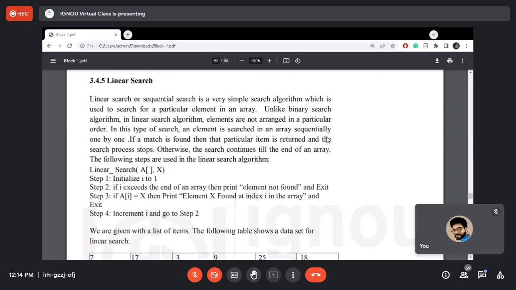So ma'am, in this case, the log n value will be log 5 or log 17? Log 17. Yes, because the n value is 17 now. So if you compute log base 2 of 17, what is the value?